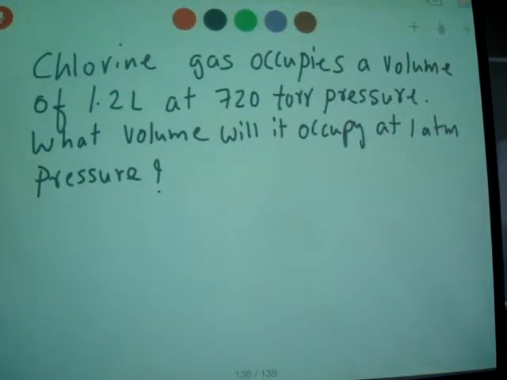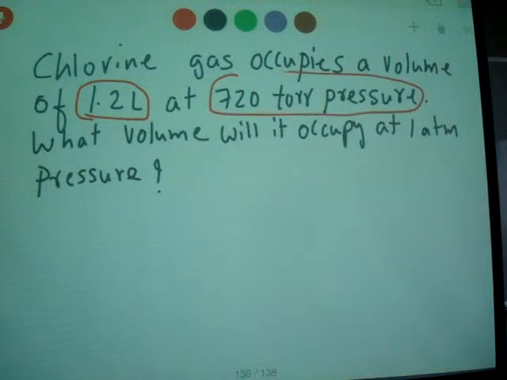In this one, volume is given and pressure is given, 720 torr, and we need to find out what the volume will be at 1 atmosphere.